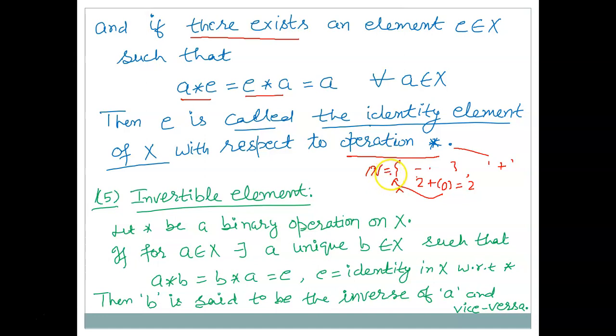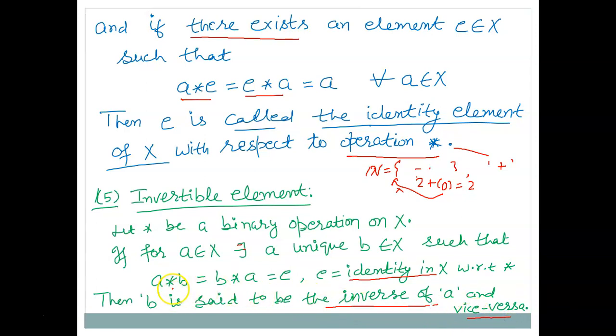So it is not necessary that if a binary operation is defined on a set, then it must have an identity element. Similarly, we can talk about the invertible element. Let star be a binary operation on X, and if for A belonging to X there exists a unique element B belonging to X such that A star B equals B star A equals the identity element with respect to star, then B is said to be the inverse of A and vice versa.